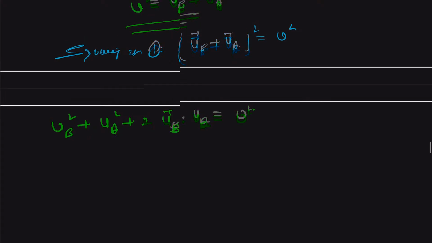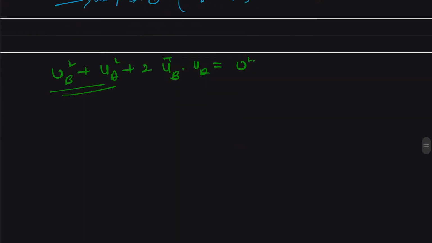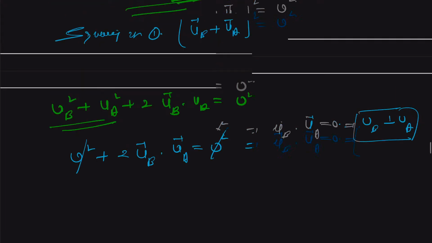And we know that ub square plus ua square is equal to v square, so we substitute it here. We get v square plus twice ub dot ua is equal to v square. These two terms cancel out, which gives us that ub dot ua is equal to 0, or we can say that velocity of b is perpendicular to velocity of a. This relationship is quite standard, but we can anyways prove it.